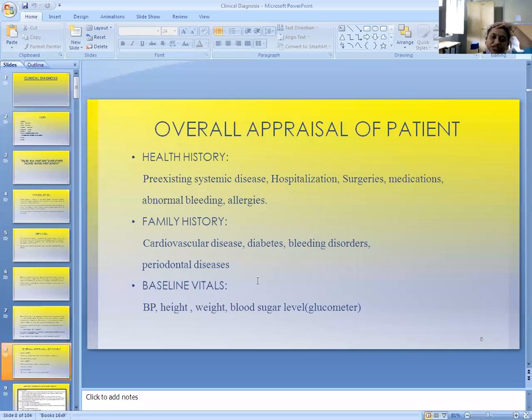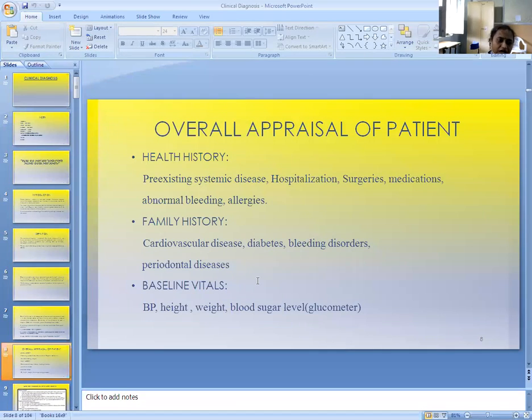Then you have to ask family history also, because some diseases are vertically transmitted from parent to child or parent to the next generation. Some cardiovascular diseases, type 2 diabetes mellitus, some bleeding disorders, and periodontal diseases are also there. You have to ask about siblings also. In family history, aggressive periodontitis is a genetically transmitted disease.